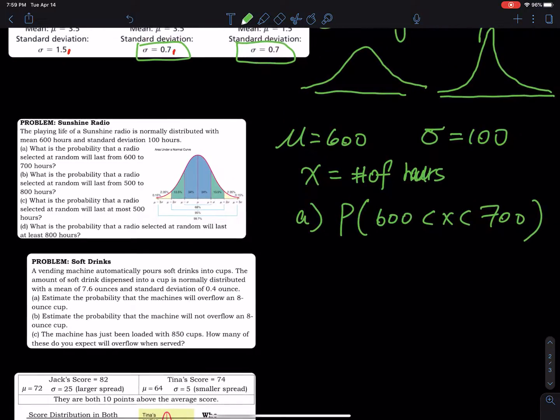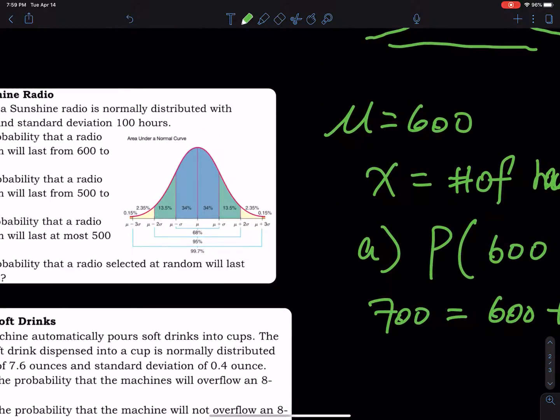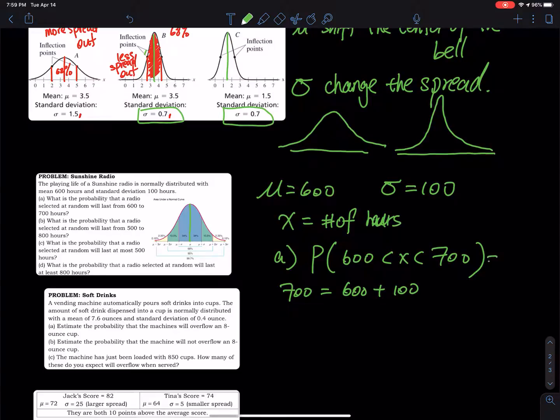So 600 and 700, how do you get 600? 600 is already the mu, right? So 700 is actually equal to 600 plus 1 standard deviation. So if you take a look at the graph, we have the mean right in the middle. If you add 1 standard deviation to the right, what is the probability? 34%. So this is 34%. That's how we do it.